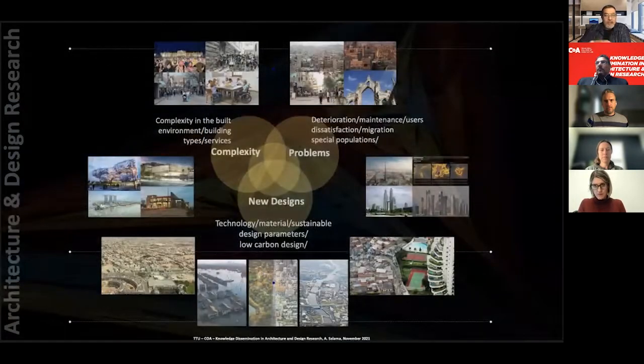The first question that would come to mind, and I keep presenting this slide everywhere in my talks, is about the need for research in architecture and design related fields. Why do we need to conduct research in architecture? Why do we need to write about architecture, urbanism, and urban design? Is it only to advance knowledge of the discipline?